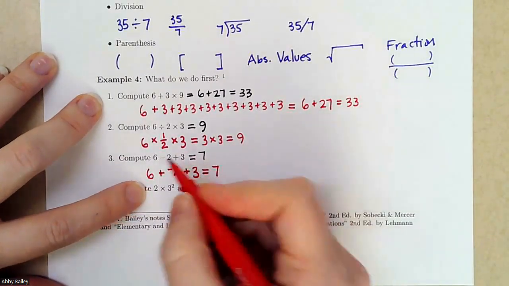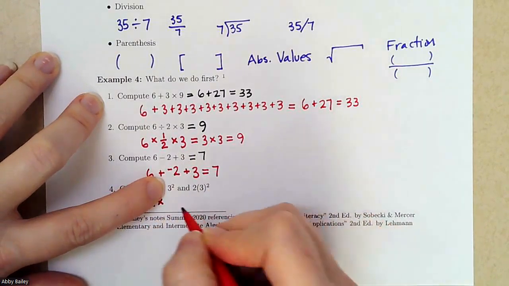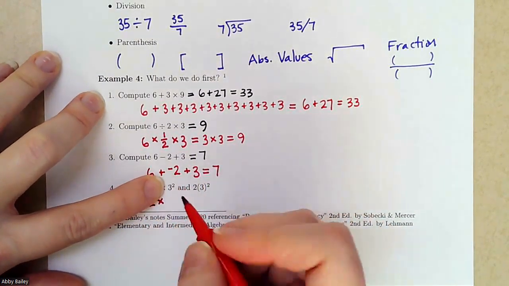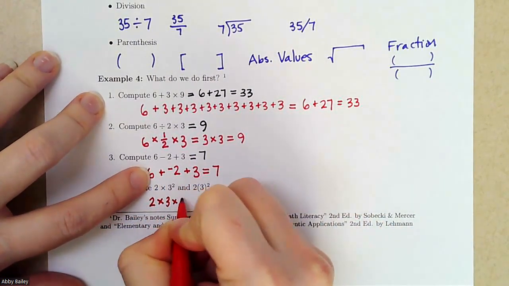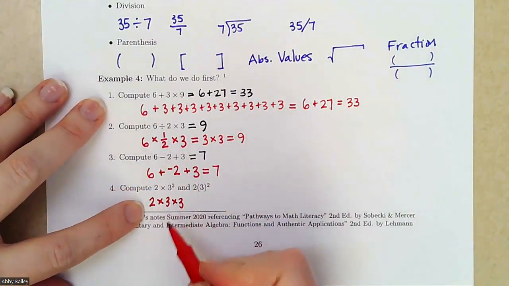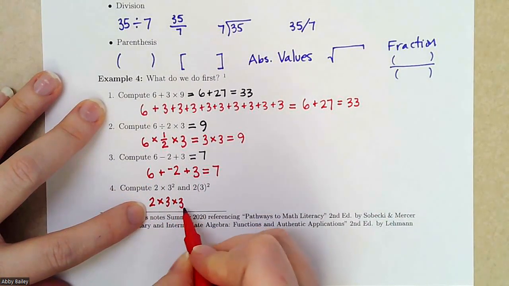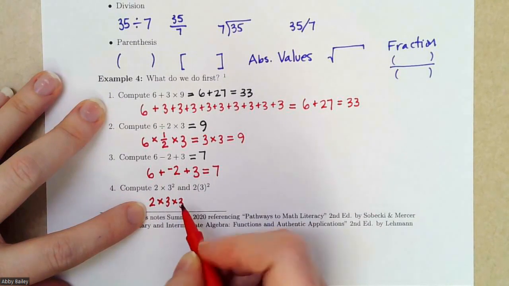So this would be rewritten as 2 times, and this 3 squared is repeated multiplication by 3. So 2 times 3 times 3. And now they're all multiplication, so we can do it in any order. 2 times 3 would be 6. 6 times 3 would be 18.